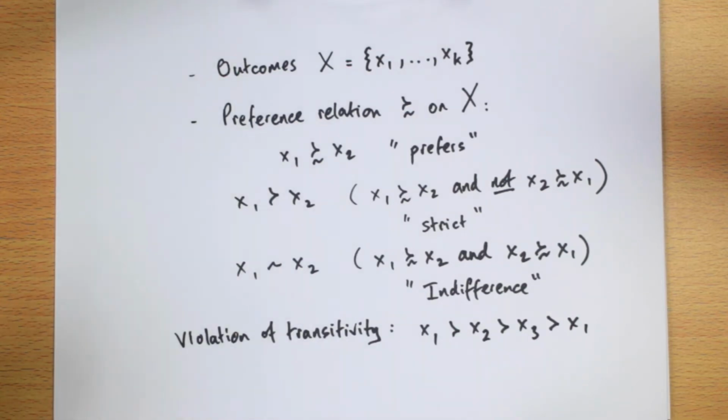So what's wrong with this? Well, the story is something like this. Suppose our decision maker goes to the market with x1 in their pocket. Of course, they strictly prefer x3, and so if somebody offers them an exchange, perhaps with an additional amount of money, they would give up x1, pay some money, and have x3. Then, of course, the same again, they would exchange x3 for x2, which is strictly better, perhaps paying some more money.